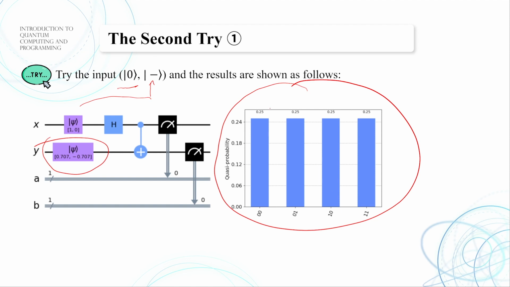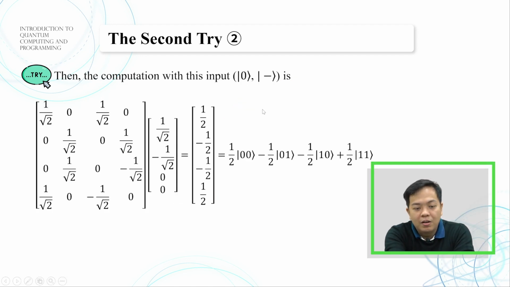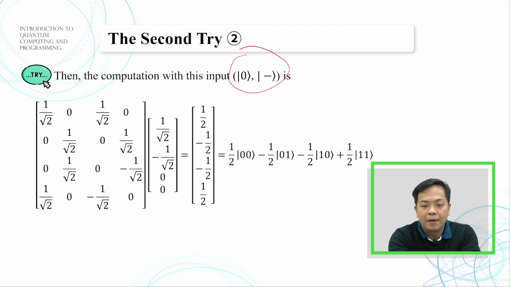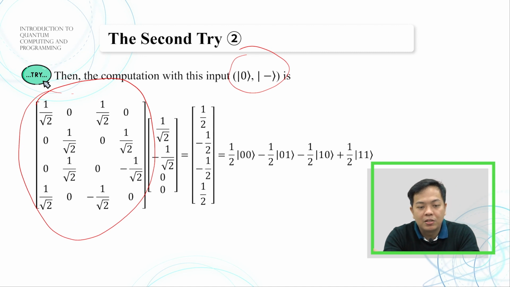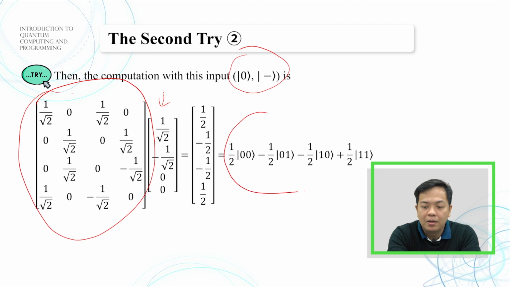Each one can appear with 25% probability. This can be calculated by this formulation, with the input and based on this kind of matrix from the Hadamard gate, and this one is the identity. After we calculate, we can see each part.